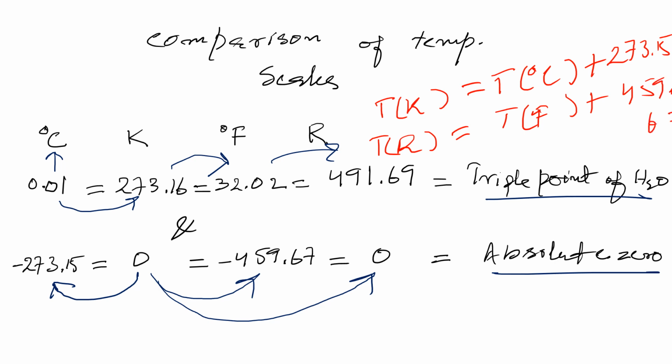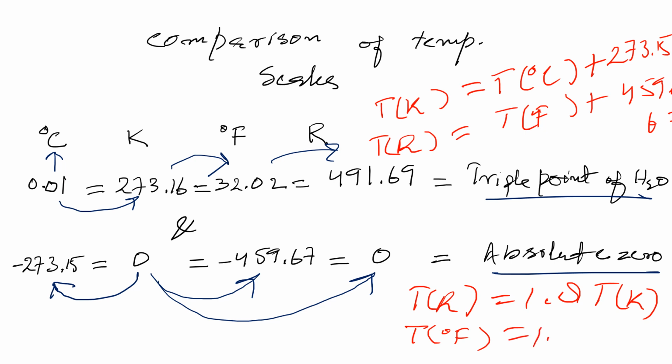Also we can use T in Rankine equal to 1.8 times T in Kelvin, right? And similarly T in degree Fahrenheit is equal to 1.8 times T in degree centigrade plus 32. So these are the formulas which we use to convert one scale into another.